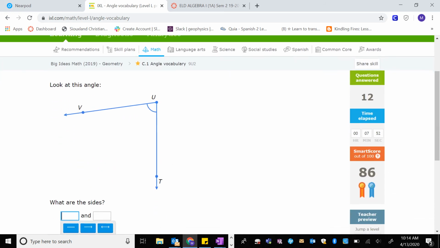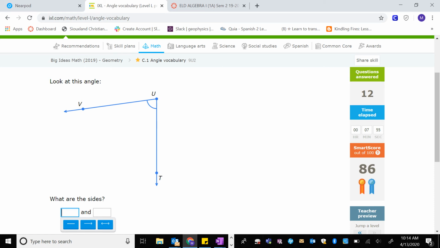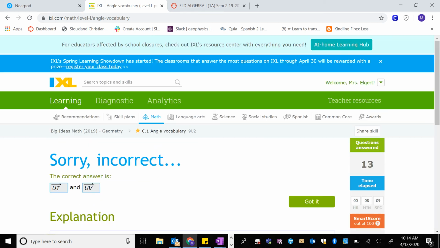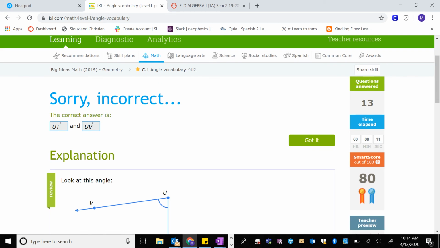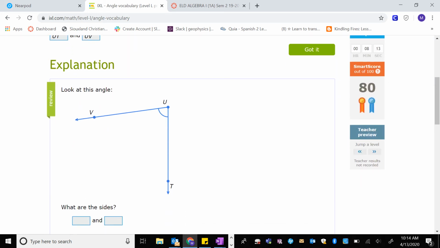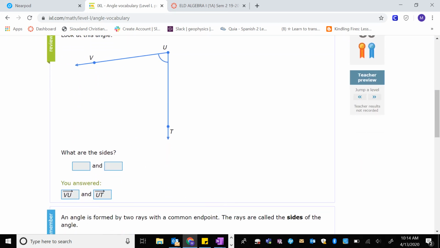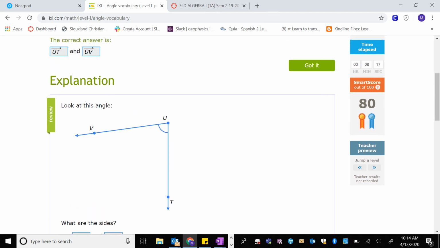Okay, so look at this angle, and they want you to name the sides. So we would use the ray symbol. VU is a side, and the other side, so I click here, my other side would be UT. Oh, I answered VU.